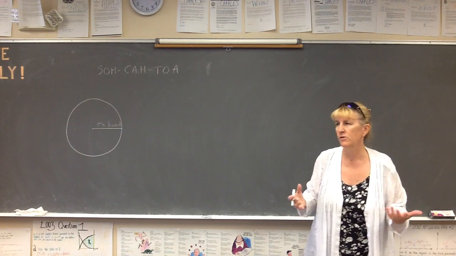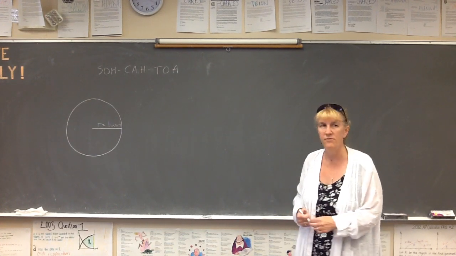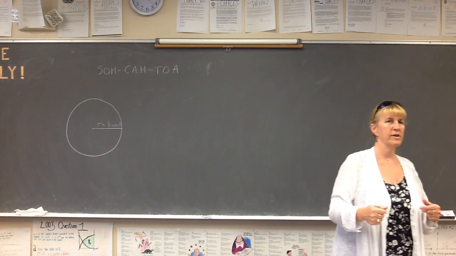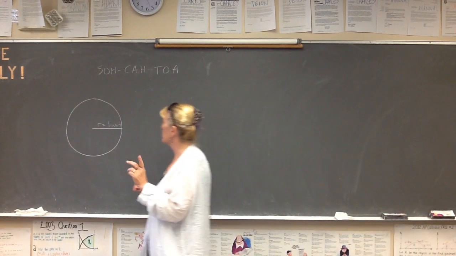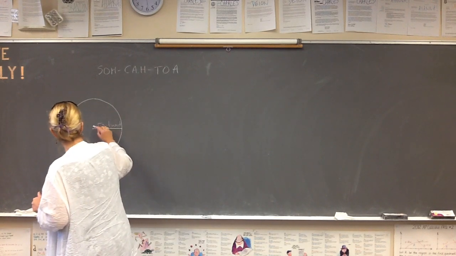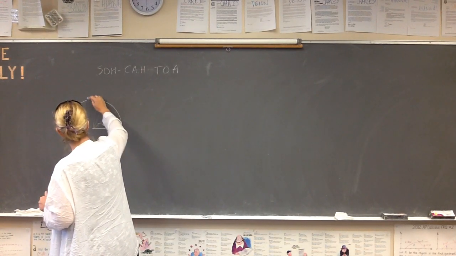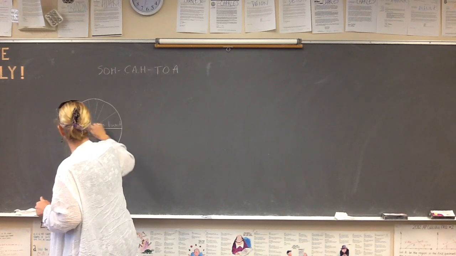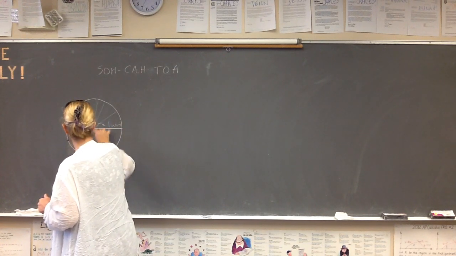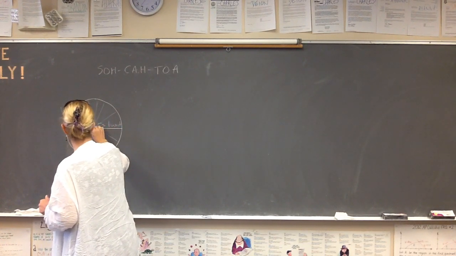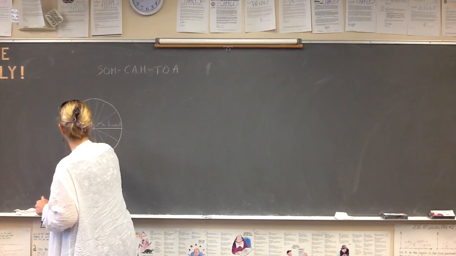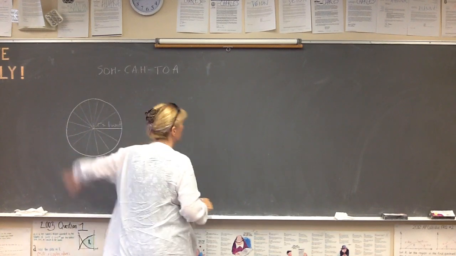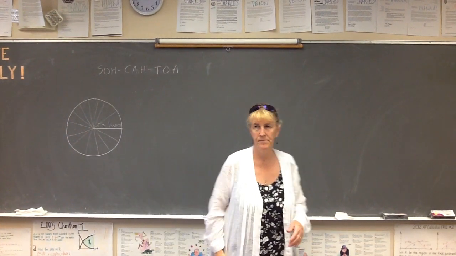A 1-foot circle would be a circle whose radius is 1 foot. This is a unit circle because the radius is exactly 1 unit. Doesn't matter what the measurement is, if there's just one of them. And the radius can be drawn all over this circle, right? The radius is always going to be a 1, no matter where you are. Got it? I don't care where you draw it, the radius is a 1.